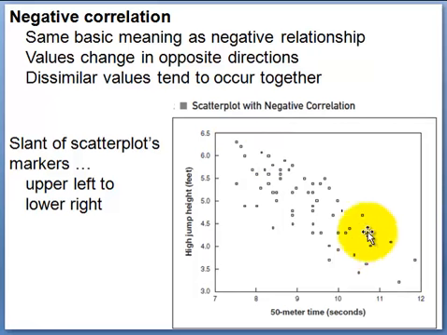And similarly down in this quadrant or area, we have high in the 50 occurring with low in the high jump. So this particular person, for instance, has a high 50 meter time and a low high jump height. So dissimilar values are occurring together.